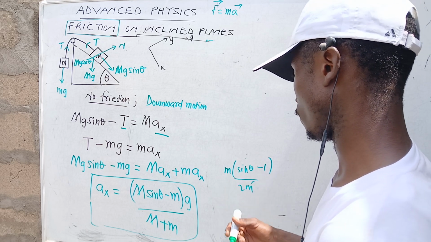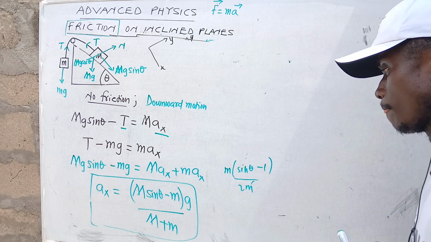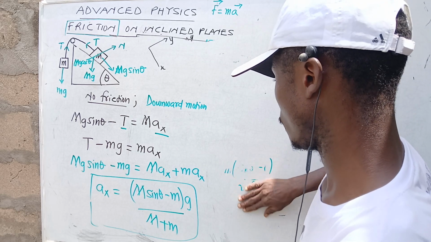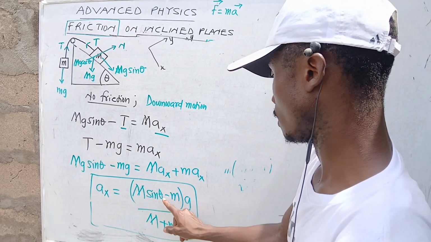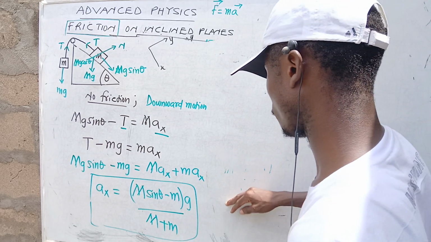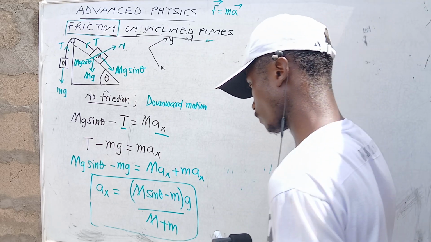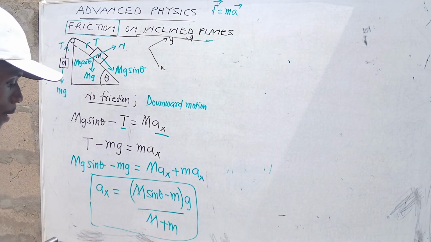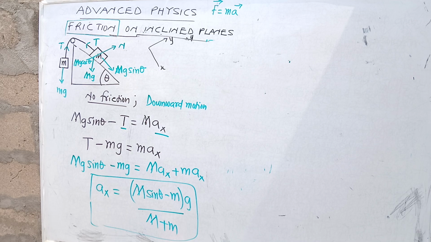The m cancels m. Okay, so that will be mg sine theta minus mg divided by M plus m. So that will be ax.